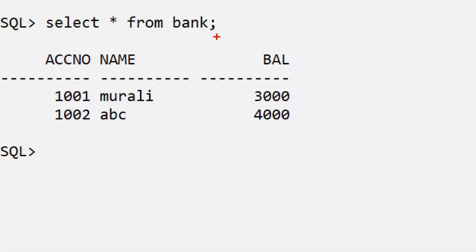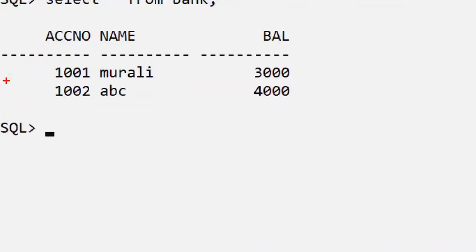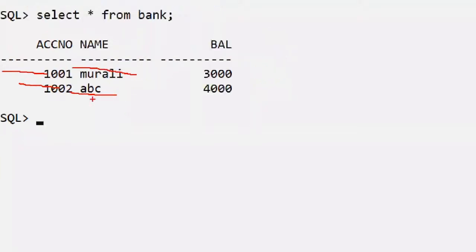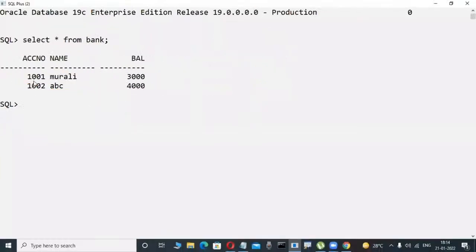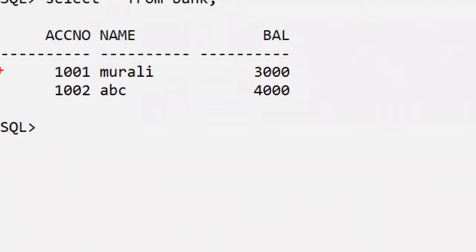Suppose this is a bank, for example SBI bank, and this is its data. Observe here, these are columns: account number, name, and balance. These are called columns. Here, 1001 and so on, these are called rows or data. Suppose this data, observe for one minute. 1001 is an account number.